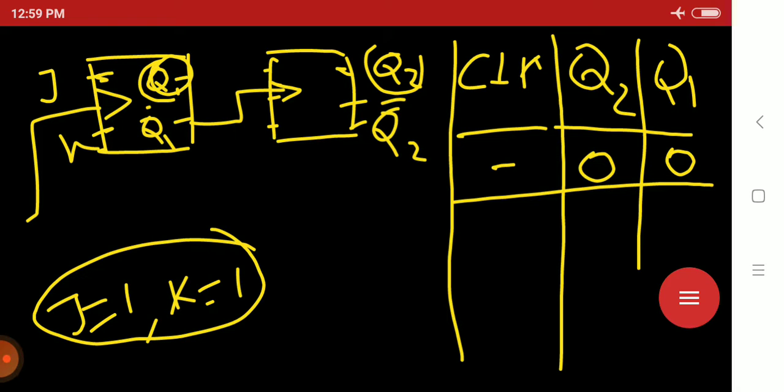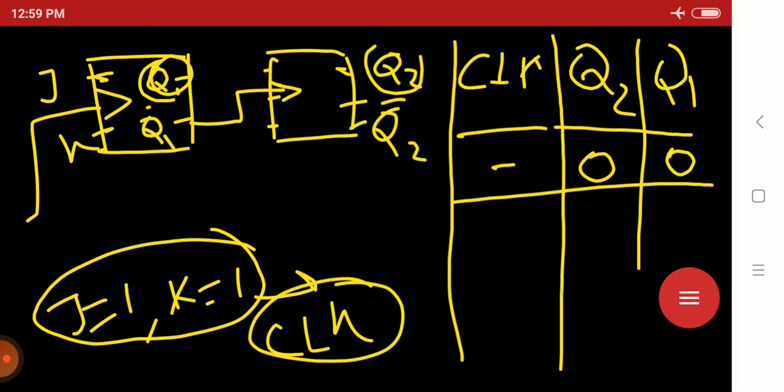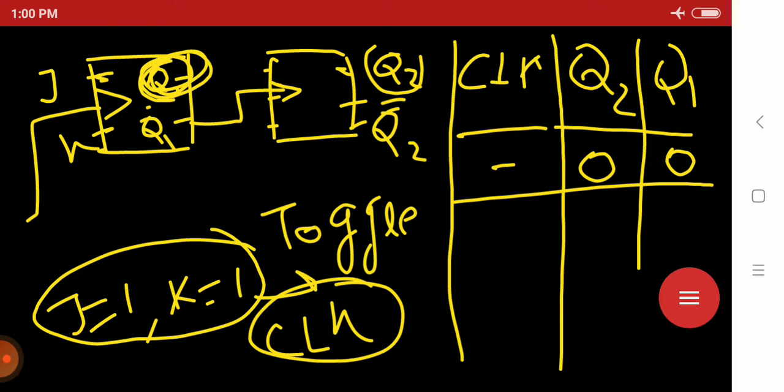Toggle means you have given J equals 1, K equals 1 and the clock pulse, so now it will toggle. The previous state of Q1 is 0, so the flip-flop will toggle from 0 to 1.